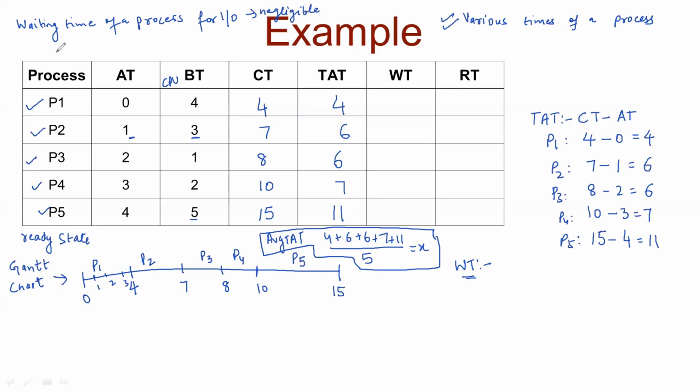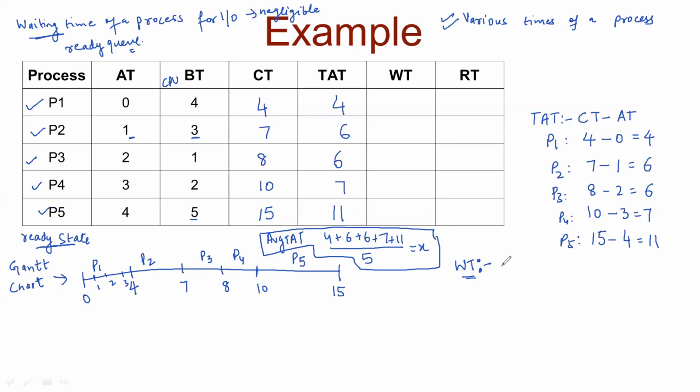So we consider the waiting time here, the time which is spent by a process in ready queue, waiting for CPU, okay? Not for IO. This waiting time is the time which a process is pending in a ready state. It was in ready state, okay?